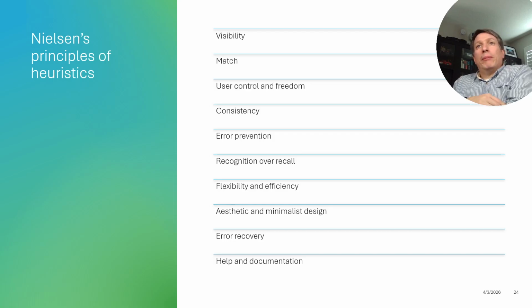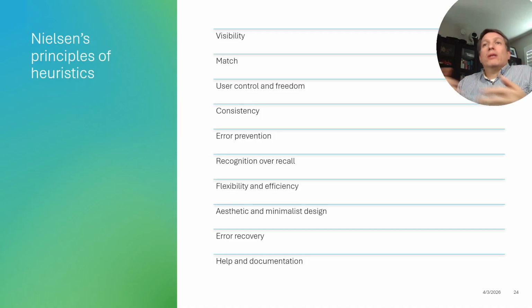We want aesthetics and minimalist design. Not always more colors or more decoration is better. Actually, the principle is, hey, keep it simple, the KISS principle. Then error recovery: even though we try to prevent errors, sometimes errors happen. If you made a mistake, how can we go back, how can we undo, or how can we help the user solve that error.